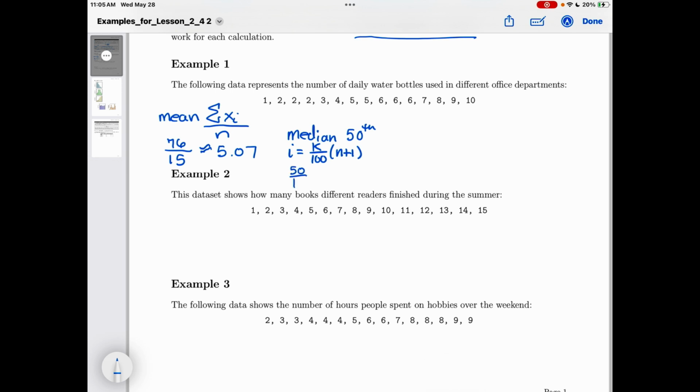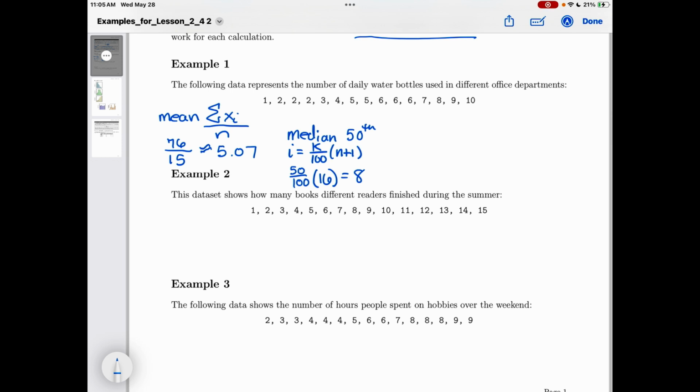My 50th percentile means that k is 50. So we have 50 over 100, which is 0.5, and then I multiply it by 16, that's n, which is 15, plus 1. When I do that, I get 8. That means the median is in the 8th position when the data is ordered from smallest to largest.